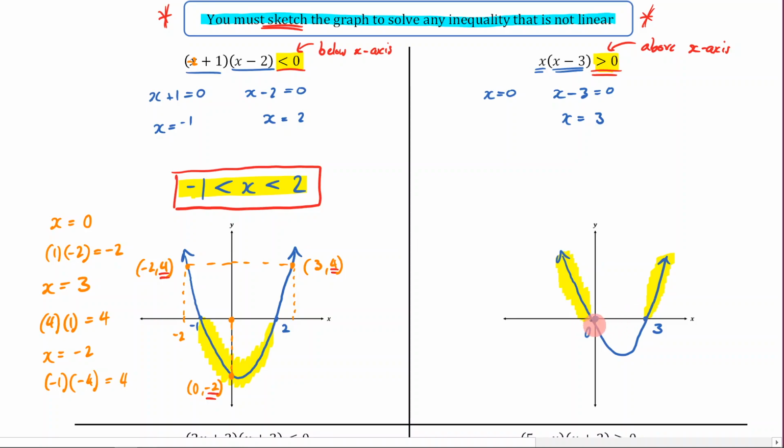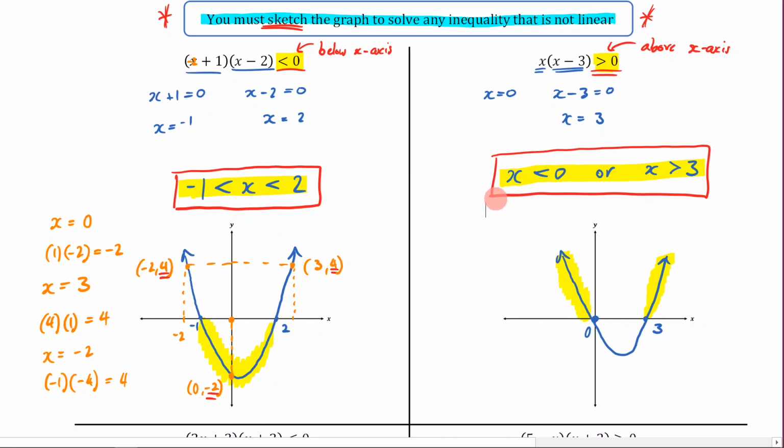When x is less than 0, or when x is greater than 3, I'm going to get outputs that are positive. So let me just highlight that and put in a red box because this is our answer. So when x is less than 0 or when x is greater than 3. Let me put that in a red box as well.